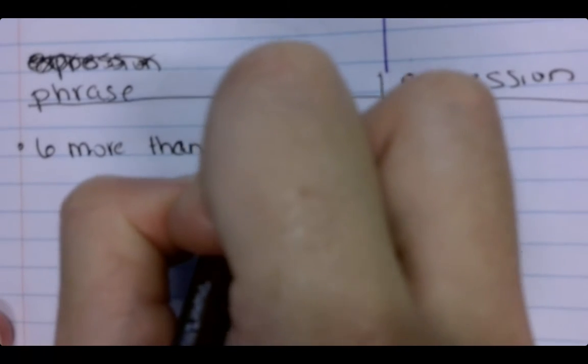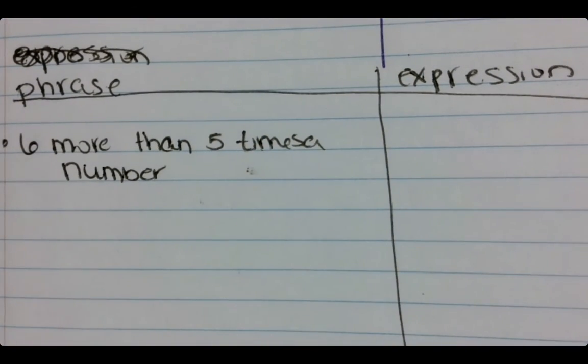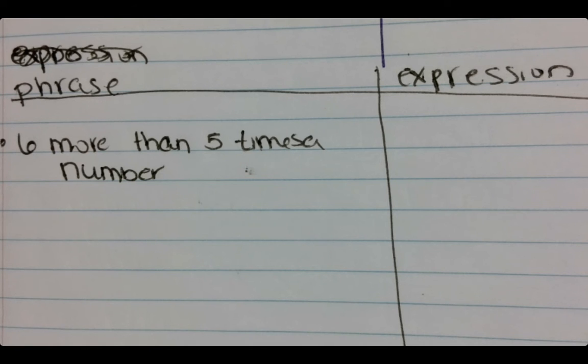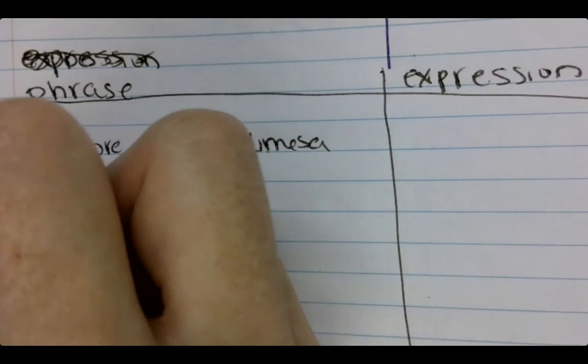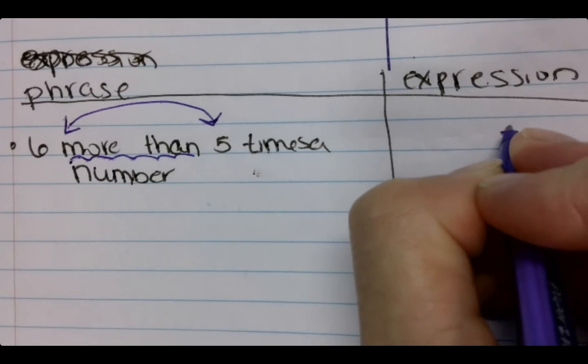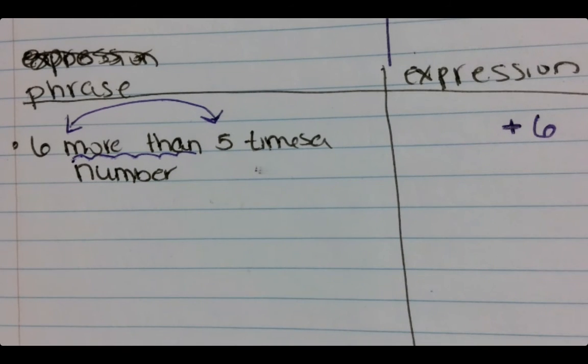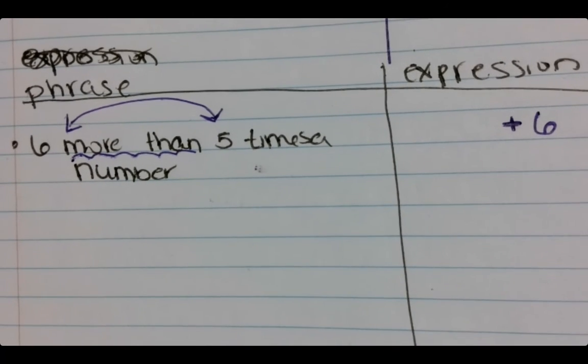So we have 6 more than 5 times a number. Remember, more than means plus, so the plus 6 is at the end. 5 times a number is just multiplication.